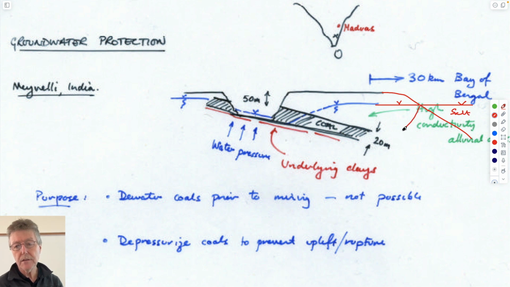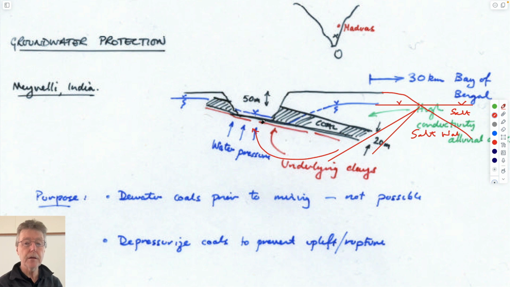And so what you get is an intrusion of brine into this. And the more that you pump out of here, the more you bring that wedge in. And so ultimately, at some stage, you can be pumping salt water in. And if you're using that salt water to irrigate fields around here, that's not a very good outcome.